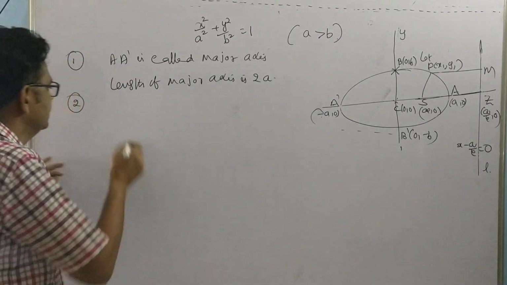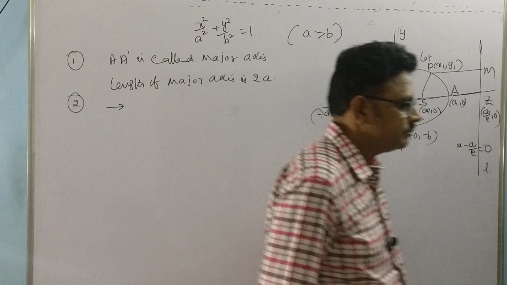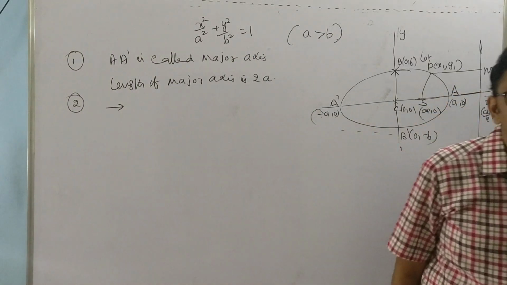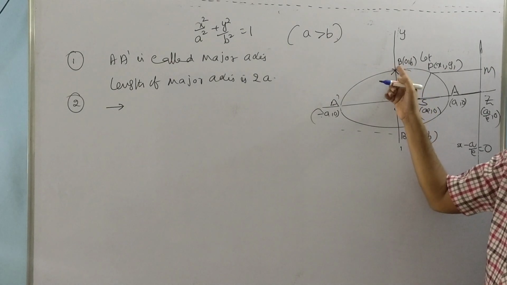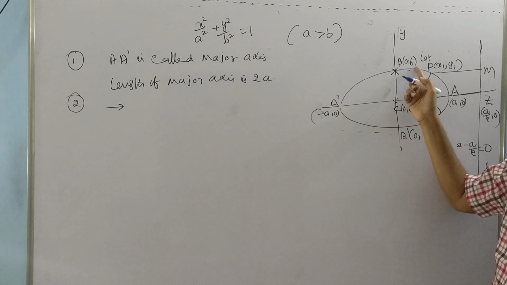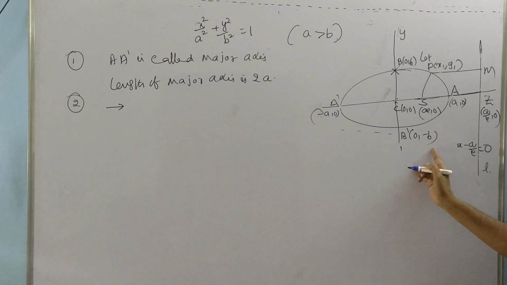Write down: the ellipse cuts y-axis at B 0 comma b and B dash 0 comma minus b.